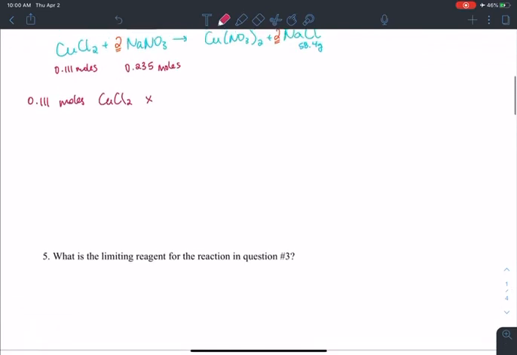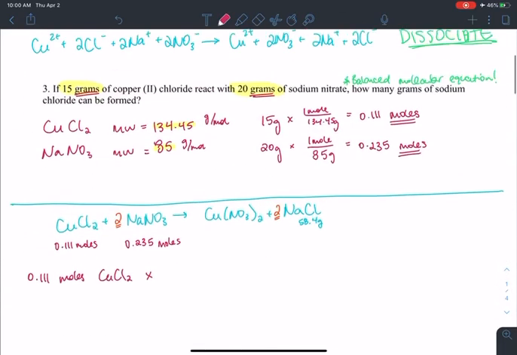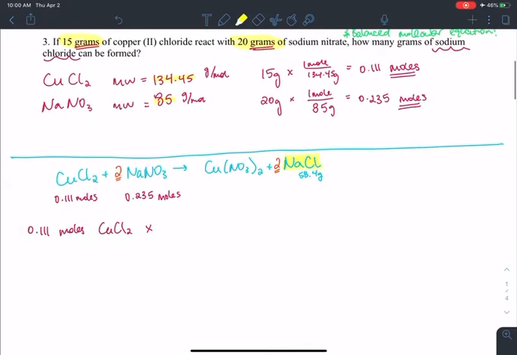And so if we look ahead, it says how many grams of sodium chloride. So sodium chloride is this. So let's convert the starting materials into that product. So we're going to convert copper 2 chloride into sodium chloride.